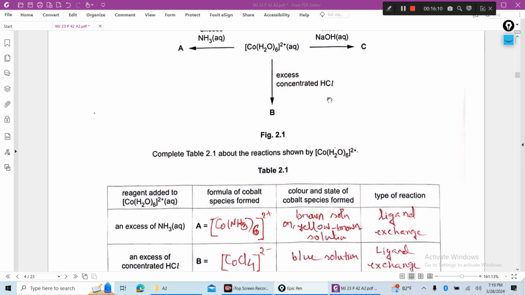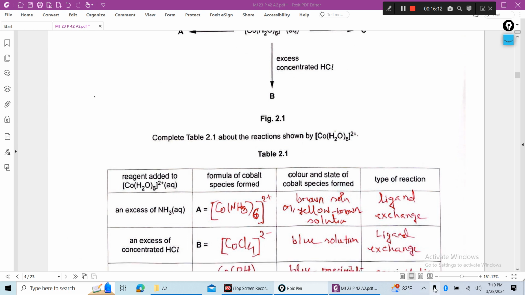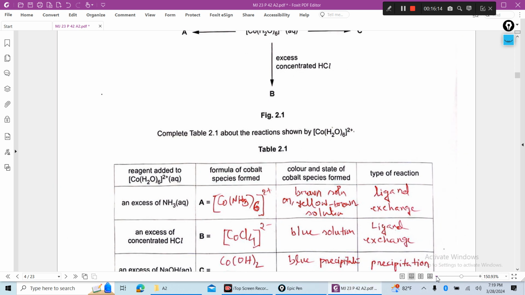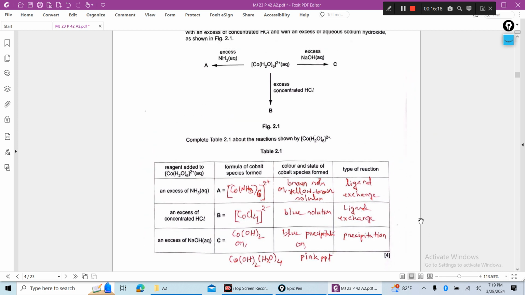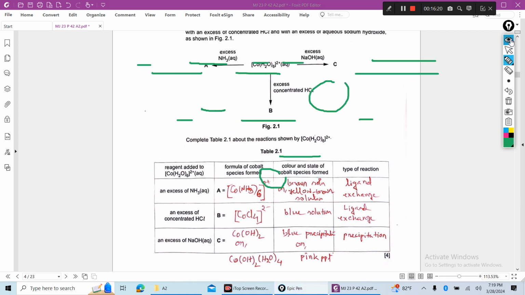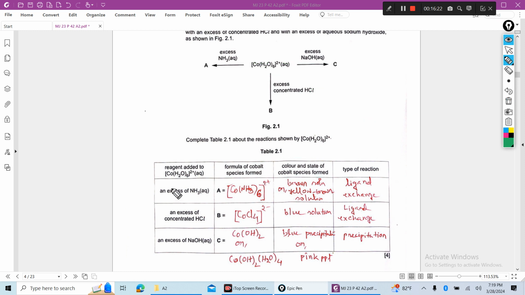First the reagent added to the cobalt complexes, the formula of the cobalt species formed, then the color and state of the cobalt species formed, and the type of reaction.